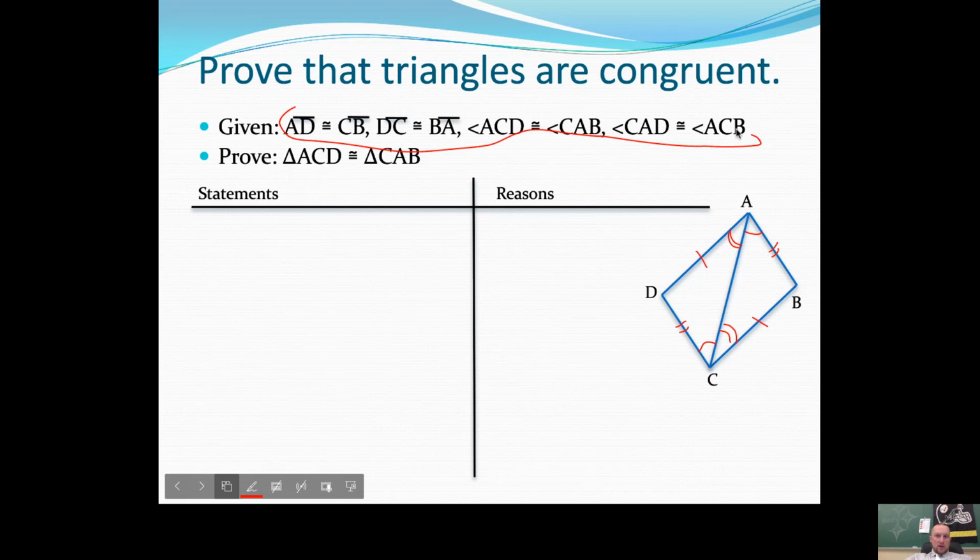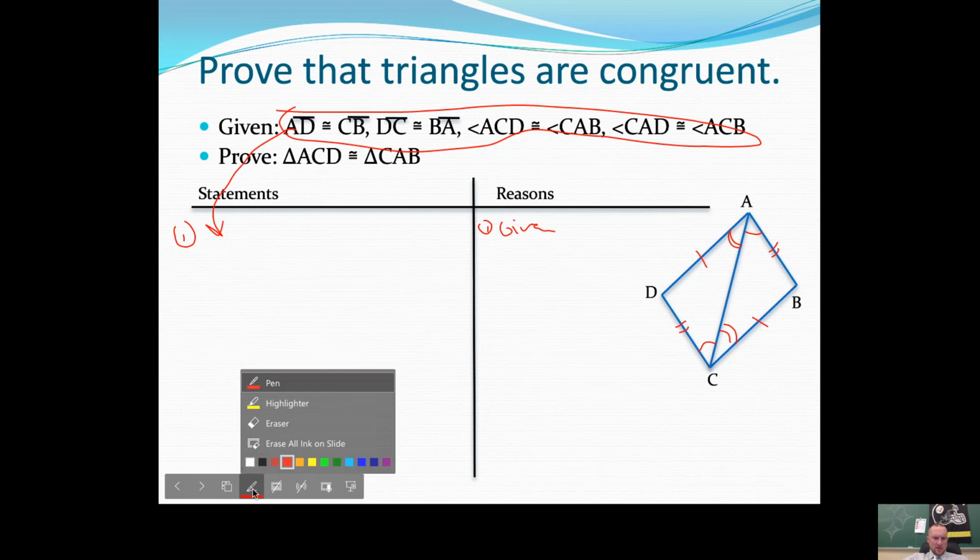All of this stuff right here, I'm going to save some time and I'm not going to write it in there. You need to write it in there, but I'm not going to do it because I'm writing with a mouse. So that's given information. So you have four pairs of congruent parts. You need to list two more pairs of congruent parts for the triangles to be congruent.